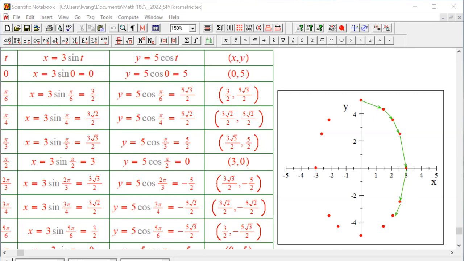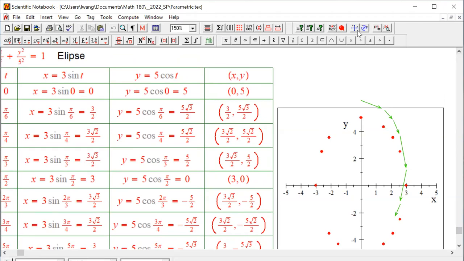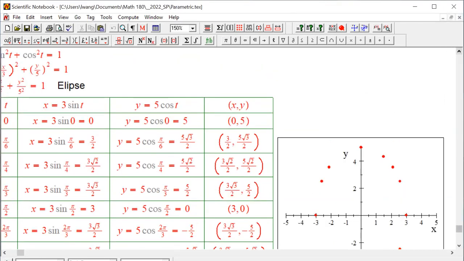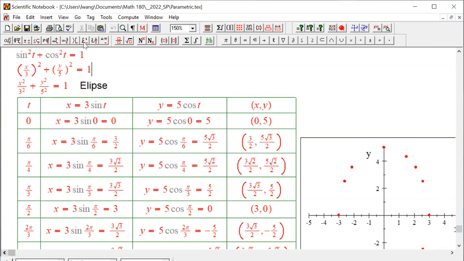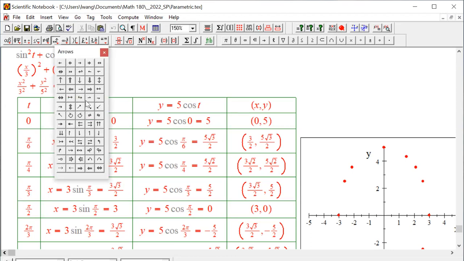So if I connect the dots on the curve, what do I get? How would I come up with this curve?